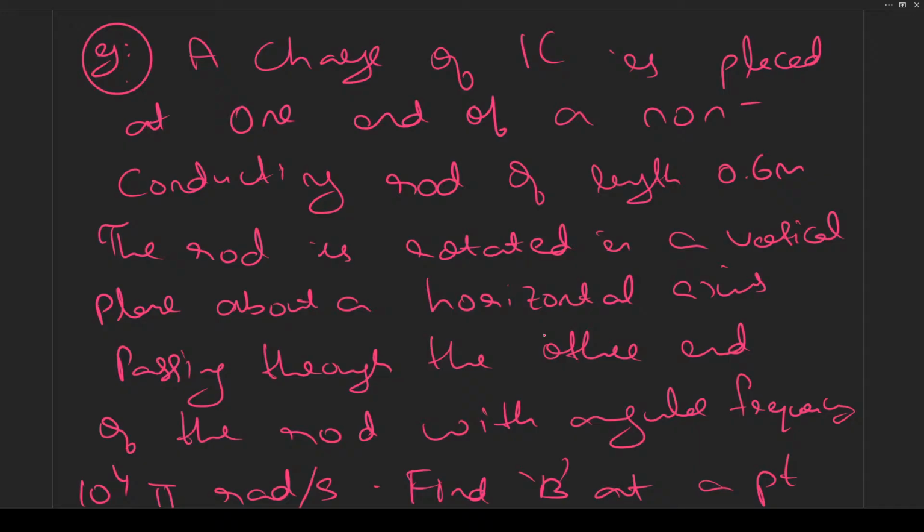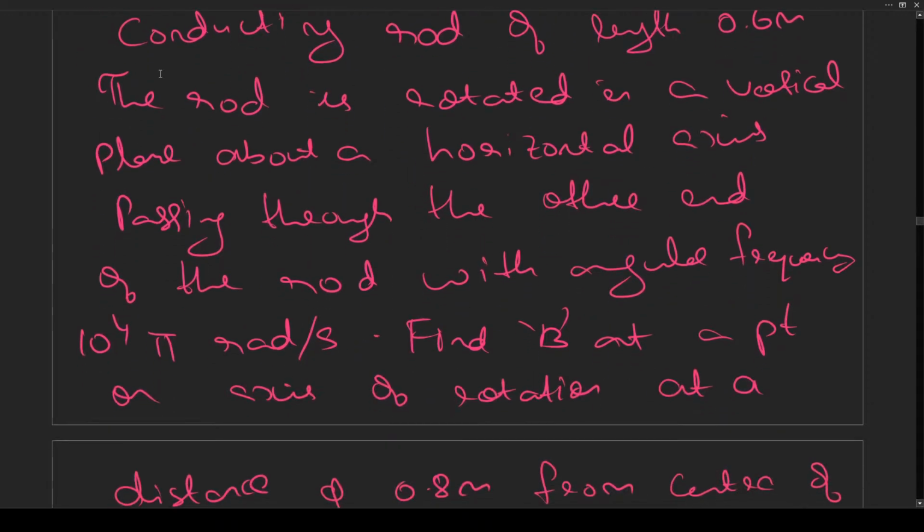The rod is rotated in the vertical plane about a horizontal axis passing through the other end of the rod. Find the field at a point on the axis of rotation, 0.8 from the center of the circular path.